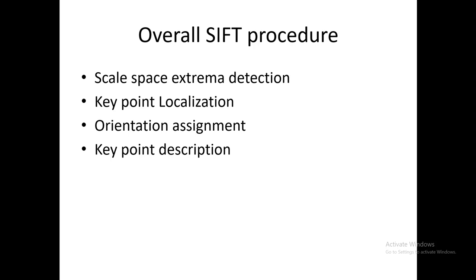Here the key point is used instead of interest point, and is going to be used as a feature. We can see here it has 4 steps, and 2 of them we have already discussed, and 2 are the orientation assignment and the key point description.